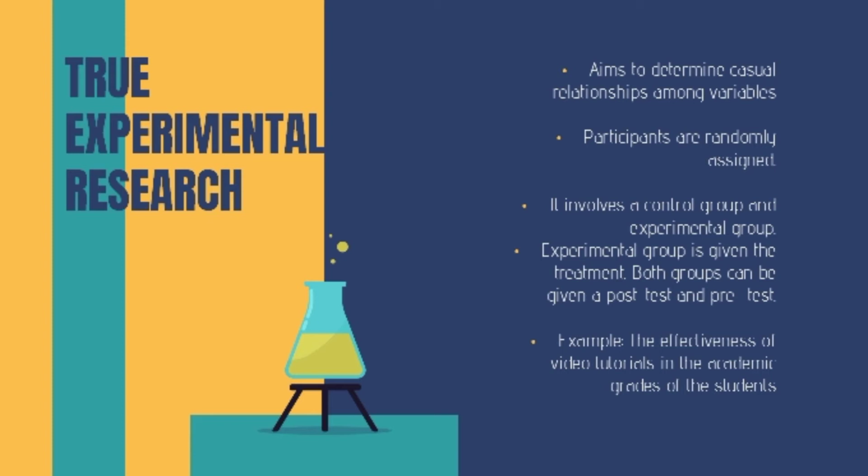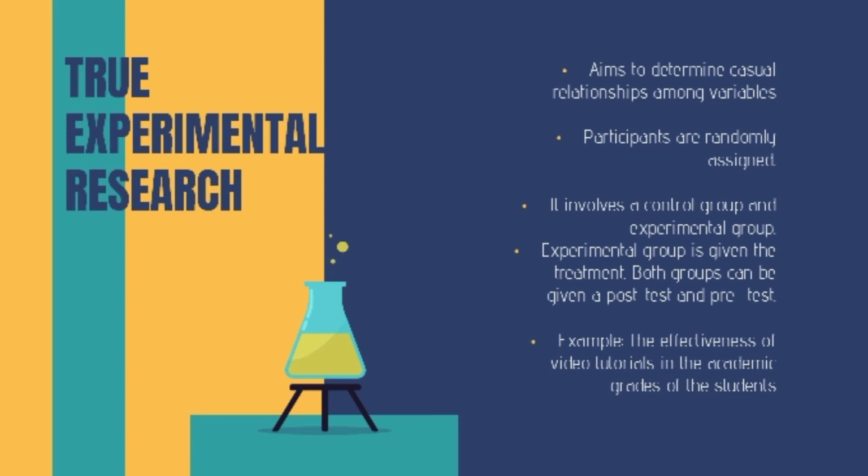On the following day, on Tuesday, we gave the experimental group a treatment, which is the video tutorials about general mathematics. While on the following day, Wednesday, we already gave the two groups a post-test. And after collecting data and analyzing it, the results have shown that the experimental group has higher post-test scores than the control group.